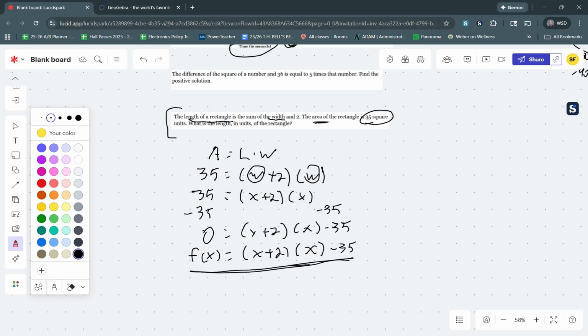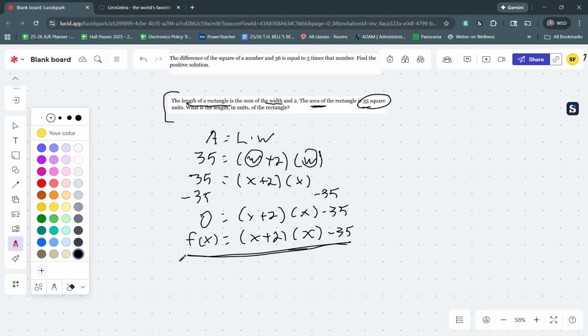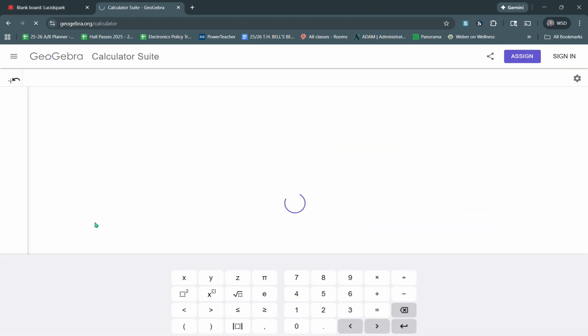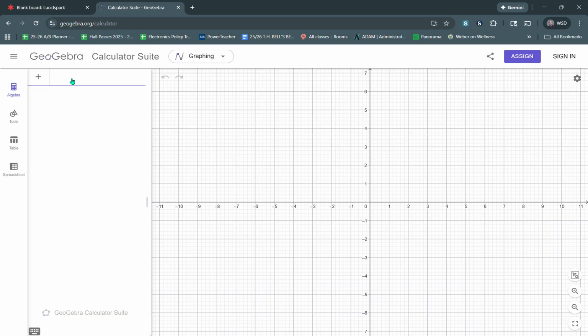So we're going to go to geogebra.org, and we're going to type in this exact equation. f of x equals x plus 2 times x minus 35. So here we go, geogebra.org, and we're going to type in f of x equals x plus 2 times x minus 35.